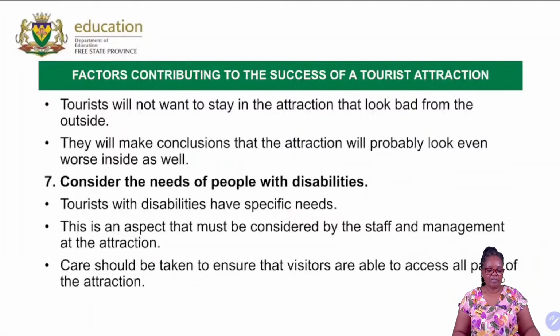So we know that the tourists with disabilities, they have specific needs, different from tourists who are able. So we cannot deny them the entry because you did not cater for them. So the attraction needs to cater for all of them to their needs.